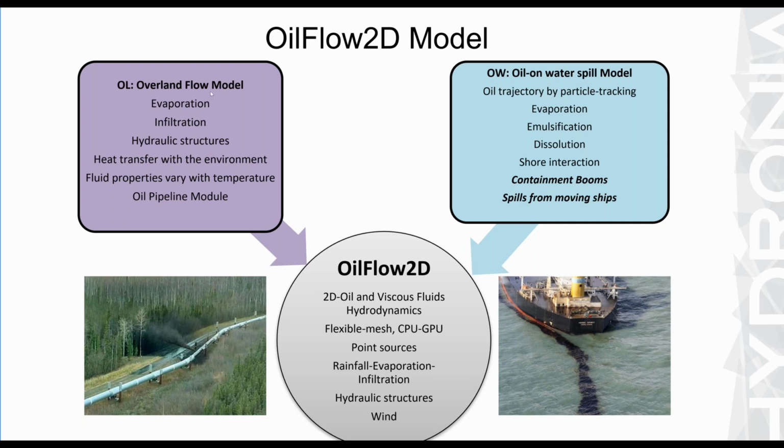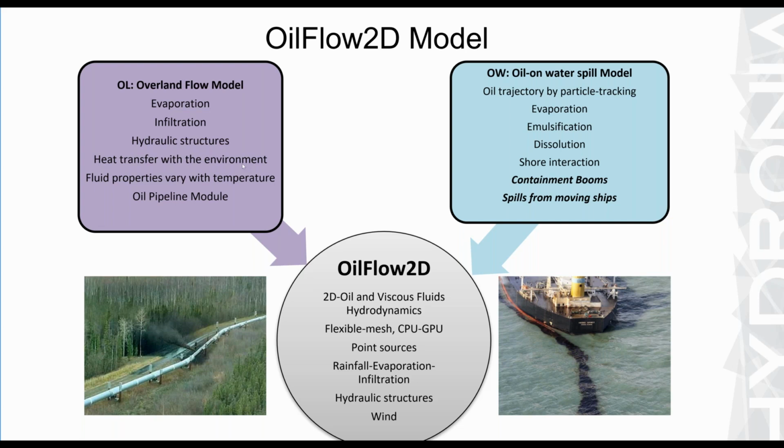Now, the overland model can consider evaporation of the oil based on the oil characteristics, infiltration of the oil into the soil as a loss, hydraulic structures as well, and heat transfer with the environment. When I mention heat transfer, the model can consider how the oil interacts with the environment in terms of the transfer of heat energy between the oil and the environment.